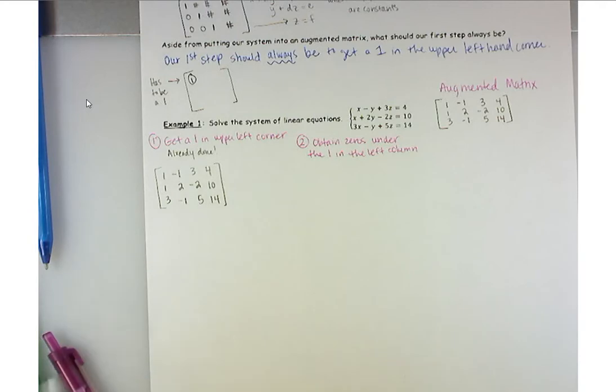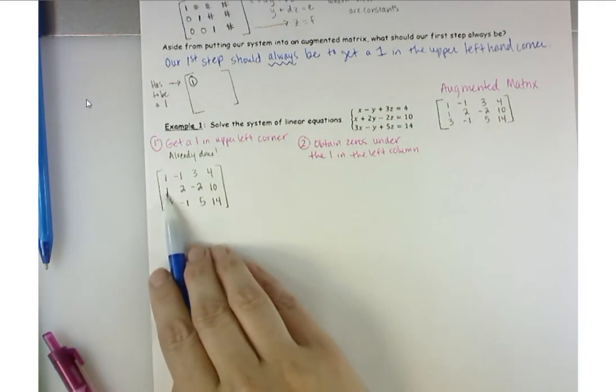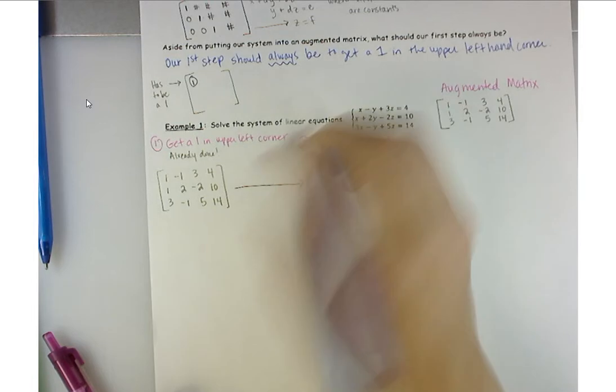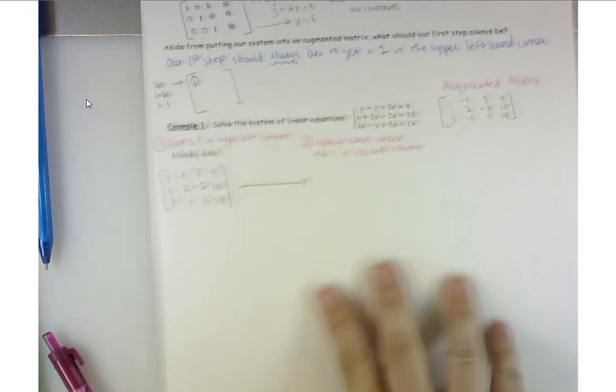Okay, so the first one we're going to work on is the one in row 2, column 1. Okay, so let's think about how we can use our elementary row operations to get a 0 underneath the 1.